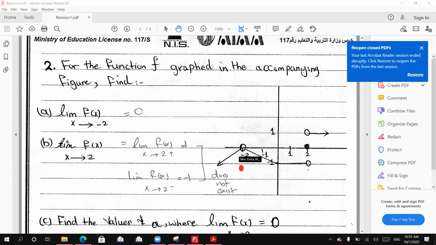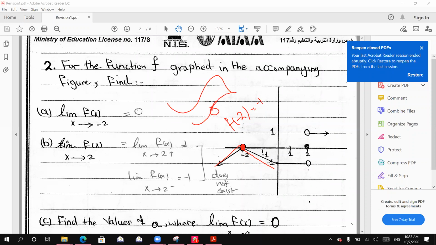If you have this red one here now, that means this is a value at -2. Here, f of -2 is equal to -1, but it's not equal to the value of the limit. So it will also be not continuous. It will only be continuous if this open circle here is closed, and my graph will be continuous. So I can say that it's continuous, meaning like this, without any hole.